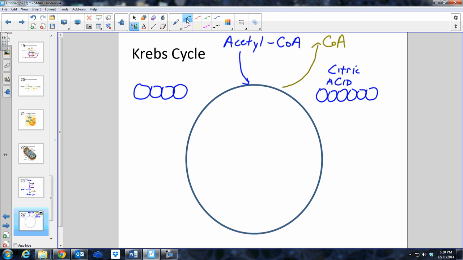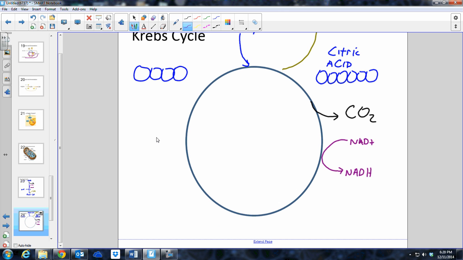And again, every time we lose a carbon in this cycle, we're going to lose it as a CO2. And every time a carbon is broken off and those bonds are broken, energy is released, and electrons are going to be freed up. And every time electrons are freed up, we have our trusty electron carriers that swoop in and save the day. And so what do we have now? We have 5 carbons.